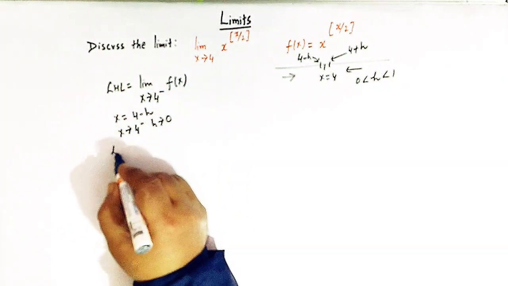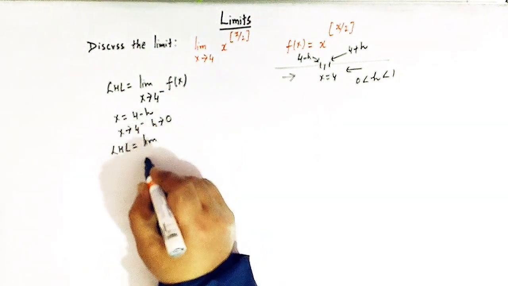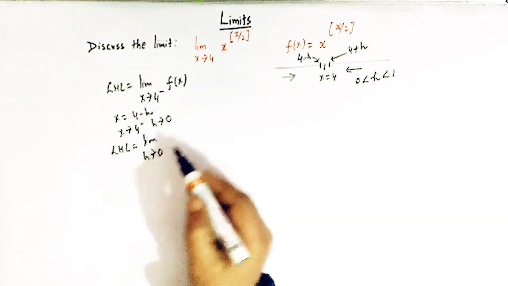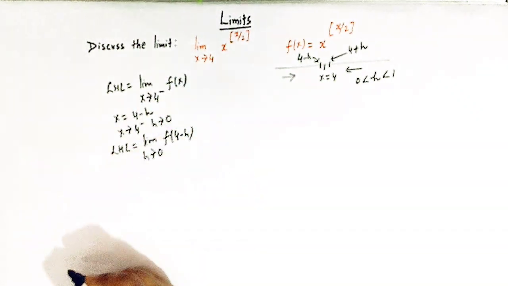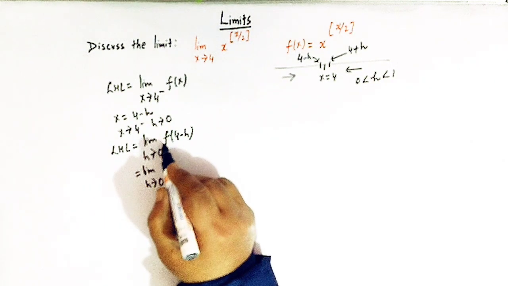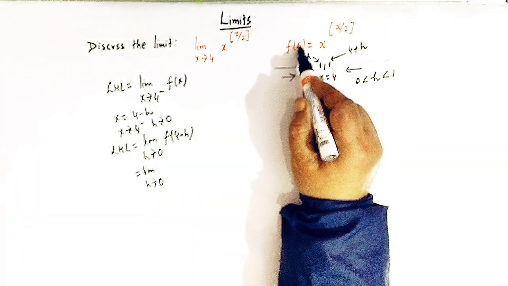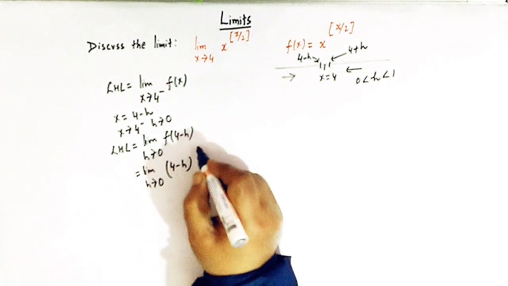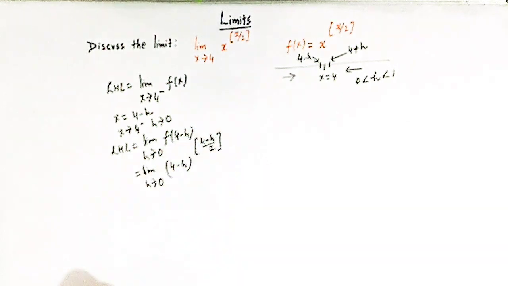So now writing the left hand limit in terms of h, we have limit h tends to 0, and f of 4 minus h may be written by replacing x by 4 minus h, right? So we have 4 minus h raised to the greatest integer of 4 minus h over 2, right?